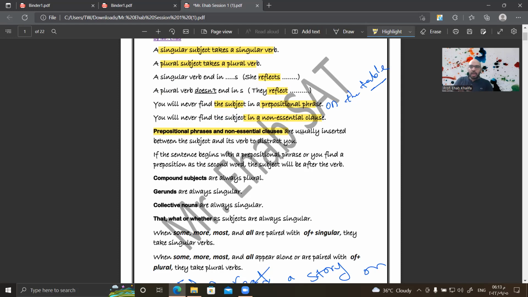So instead of saying "Mr. Ihab writes," it's so easy now. If you ask your younger sibling, he or she would be able to answer that easily. But you are SAT-oriented students, so do not expect that at all. We write Mr. Ihab, then essential clause, prepositional phrase, maybe any other filler, and after like 3 lines, the verb. That is to distract you.